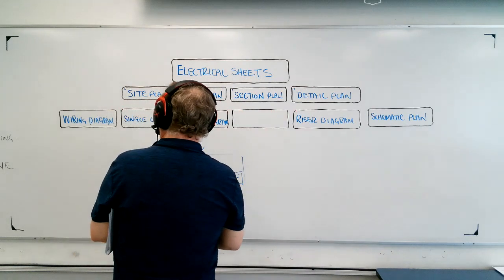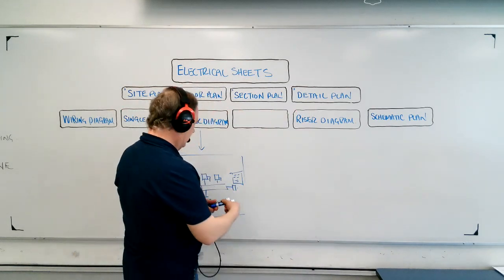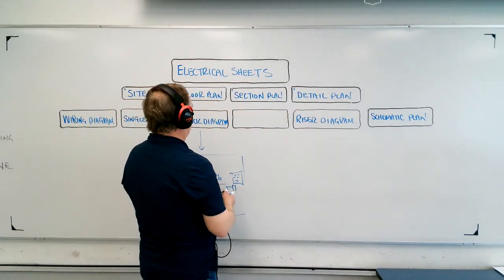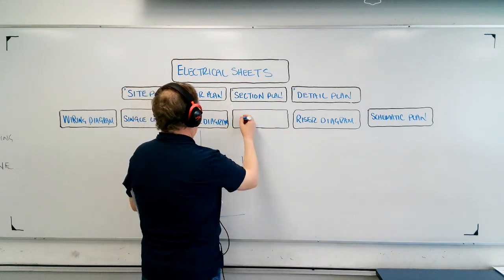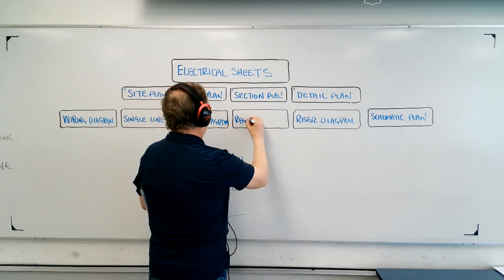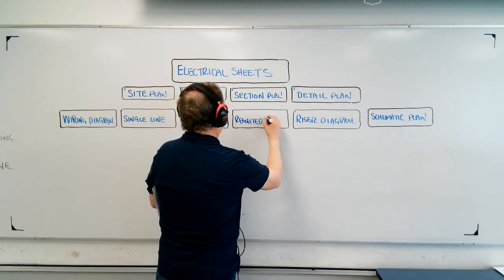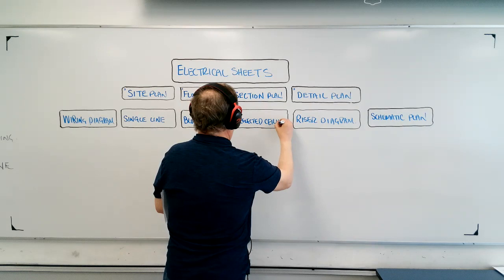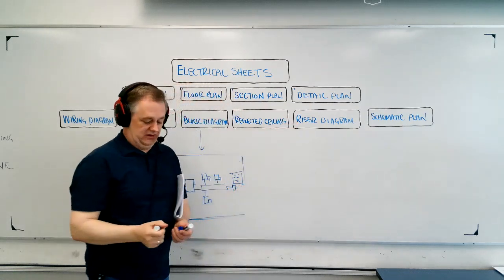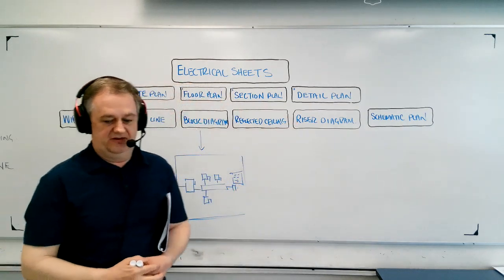Now, the last one, also interesting to look at. It's a little bit like a floor plan, but it's a reflected ceiling plan. And this is used for lighting, okay? Reflected ceiling plan, and it's used for lighting.